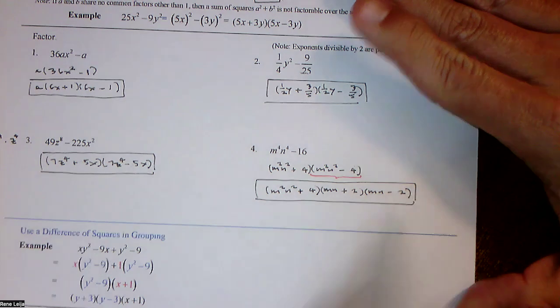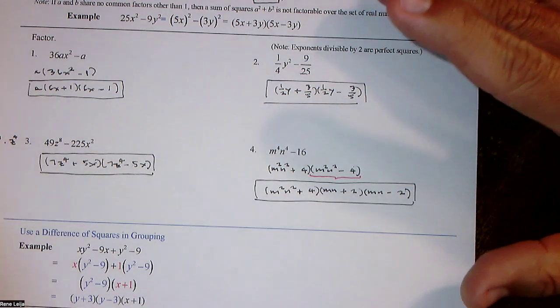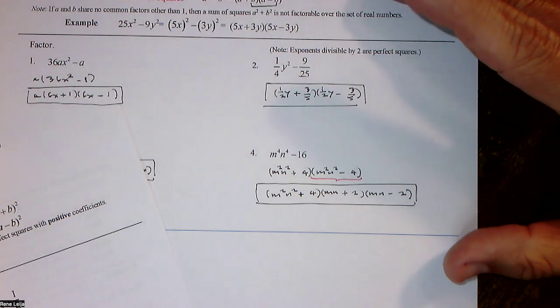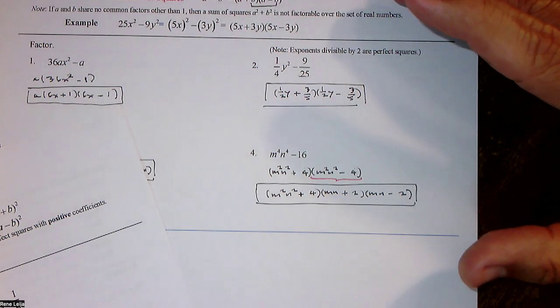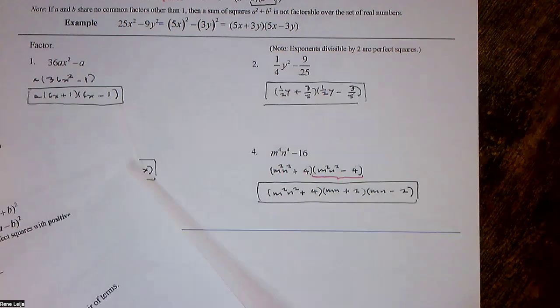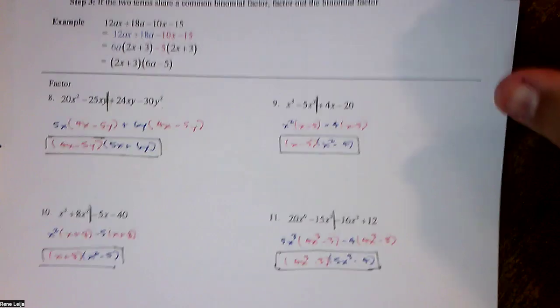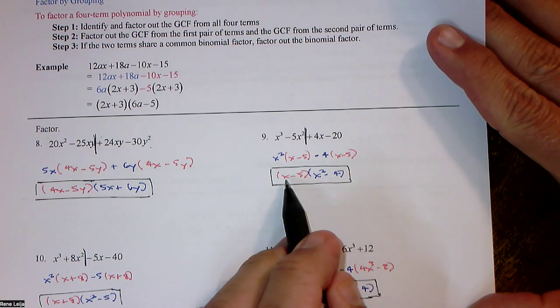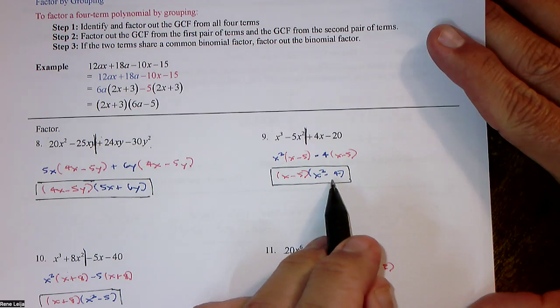Now, there was a problem that we did earlier, and I don't remember where it is. I think it was in section 2. Oh, it was in section 2.3. So we were first learning about factoring by grouping, and we ended up with this x minus 5 times x squared minus 4.